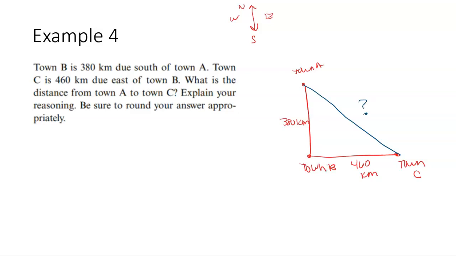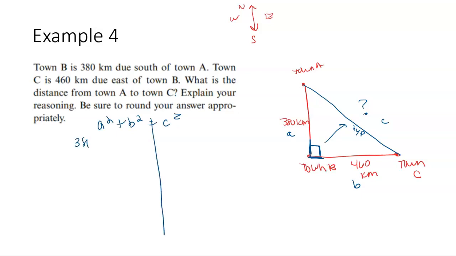Now, we do know that this is a right triangle because when you make a directional change from south to east, that is 90 degrees. So because we know that, we can use the Pythagorean theorem. This is across from our right angle, so this is our hypotenuse. So we might want to call this A, B, and C. A squared plus B squared equals C squared.